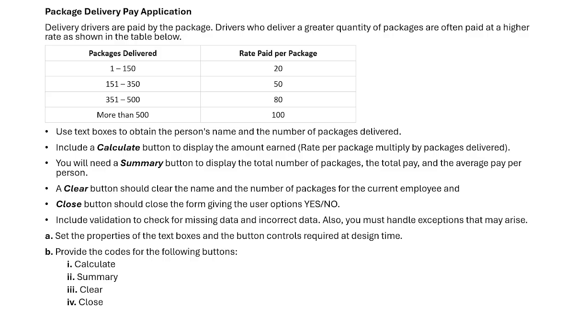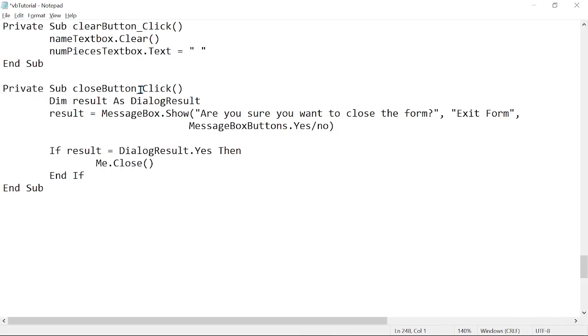So basically, the total number of packages and the total pay, these two are going to be global variables, right? So let's get into it. We declare the two global variables first, and then we move on to the calculate button. So we can do Dim, or you can even say Private, the variable name, let's say totalPay as Decimal.